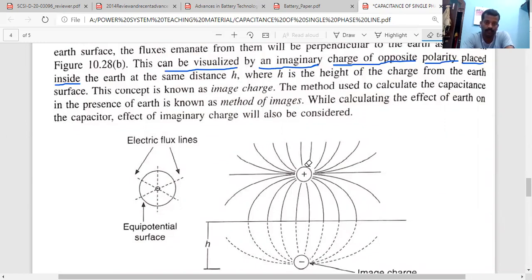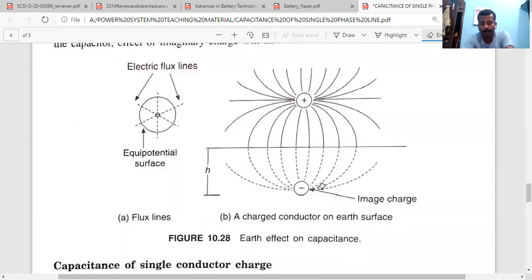Suppose this is an isolated charge, and this is the line of force or flux emitting, and we assume that these flux lines meet at infinity at its opposite charge.